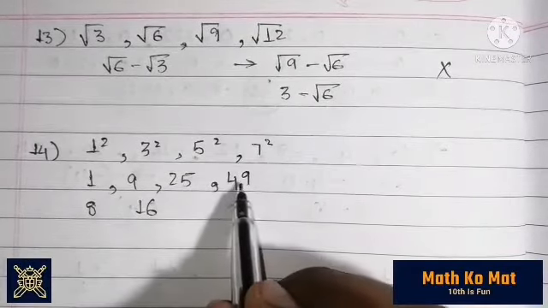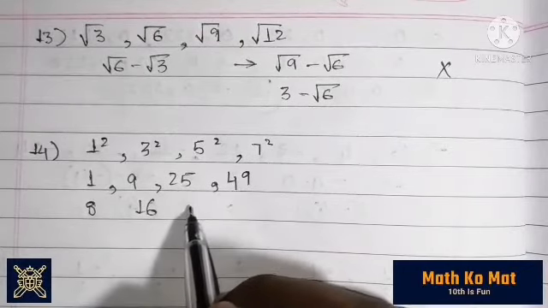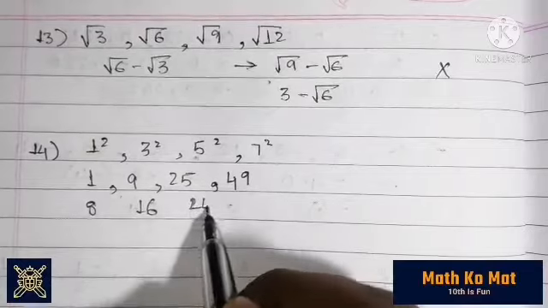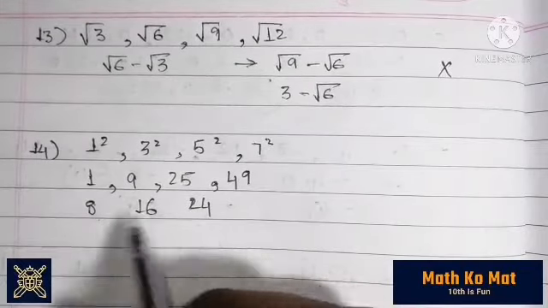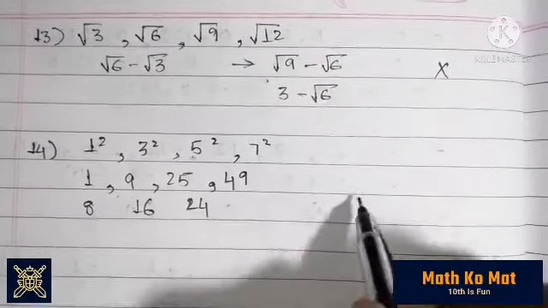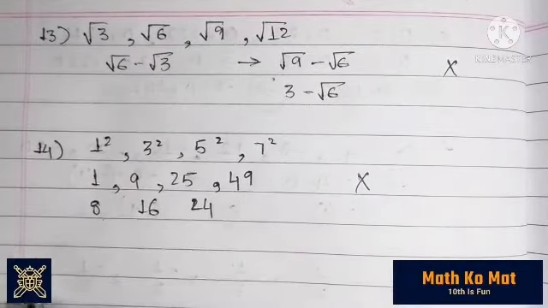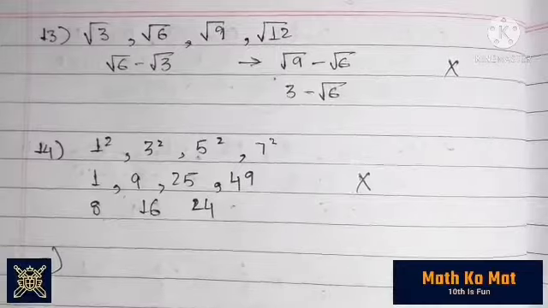And here 49 minus 25 would give you 24. 8, 16, 24. This is not an AP. Now let's move on to the 15th and the last part.